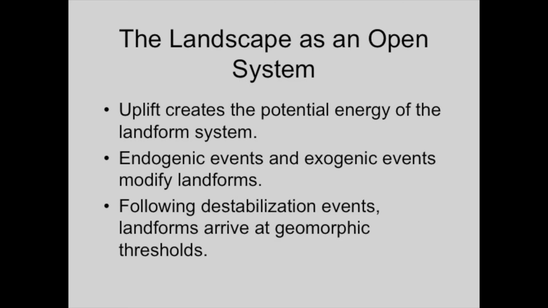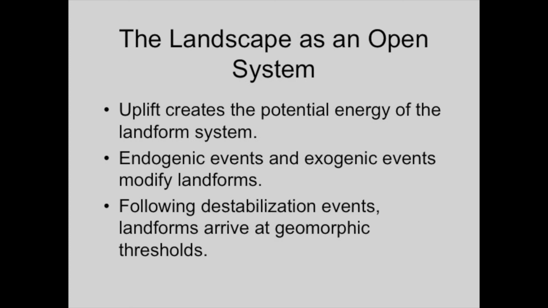Then, endogenic events such as earthquakes and volcanic eruptions, or exogenic events such as heavy rainfall or a forest fire, provide new relationships for the landscape to be modified by. Most of these events will interact with that initial energy potential that is established by uplift. So, just to review, we have uplift in this model creating the energy potential in the landscape, followed by endogenic and exogenic processes which begin to break it down, some of which act upon that potential.